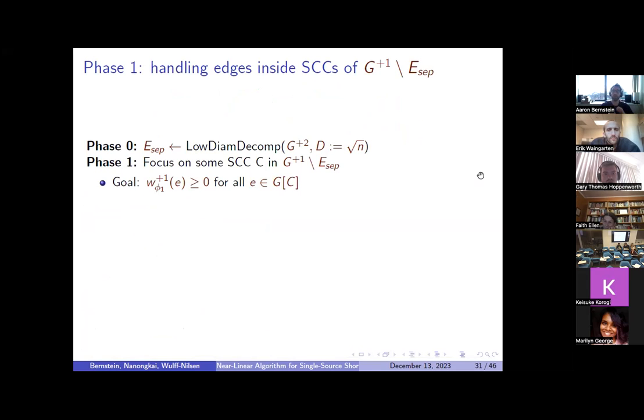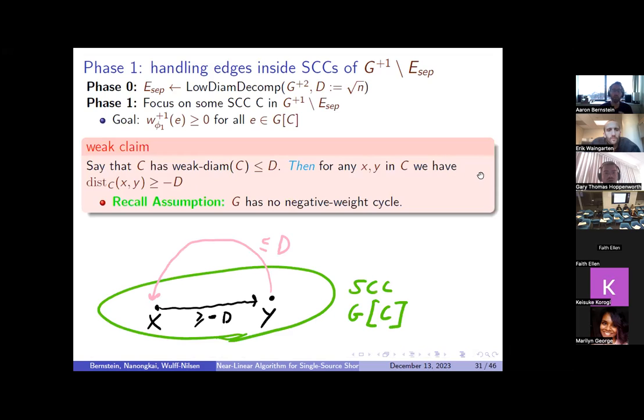So what is the goal? You ran this low diameter decomposition, and now let's focus on one particular component. You have a component with diameter at most root n, and you want to find a price function such that in G+1, all of the edges of that component become non-negative. Okay, how do we do that? Let's start with a weak claim that I think will give some insight into why low diameter is helpful even when you have negative weights.